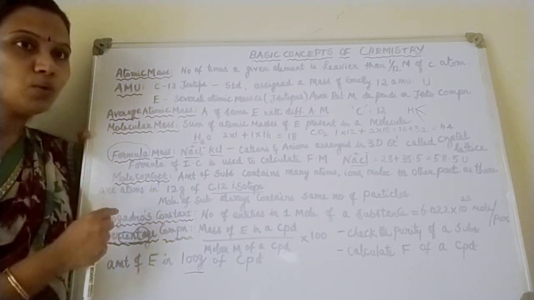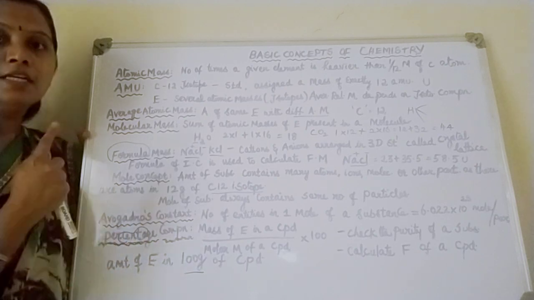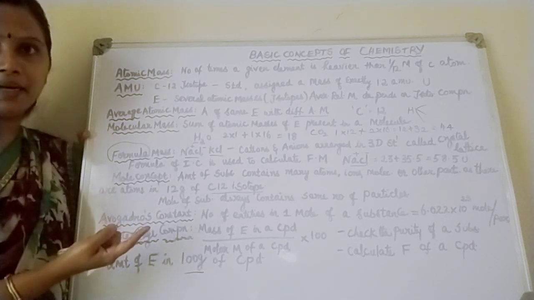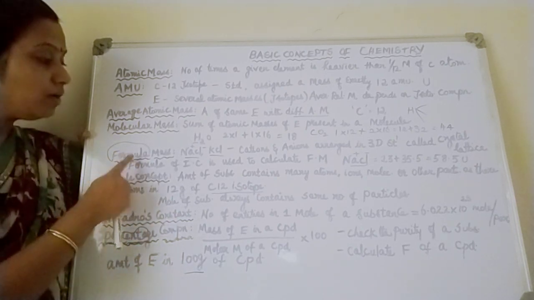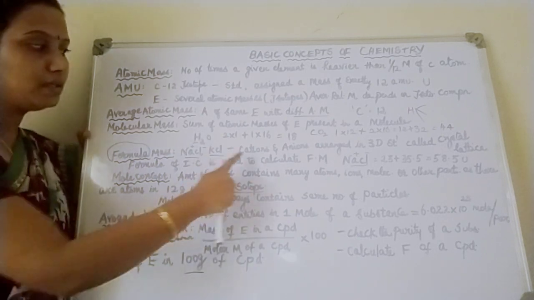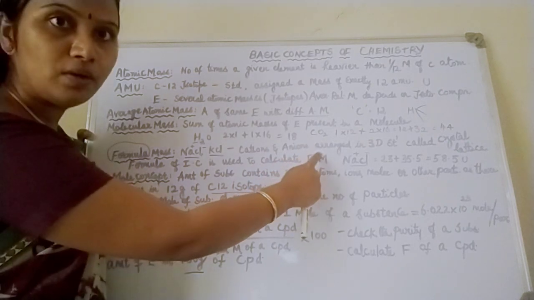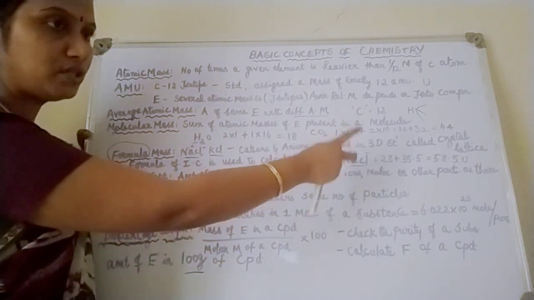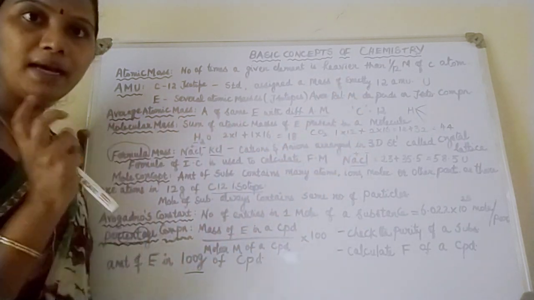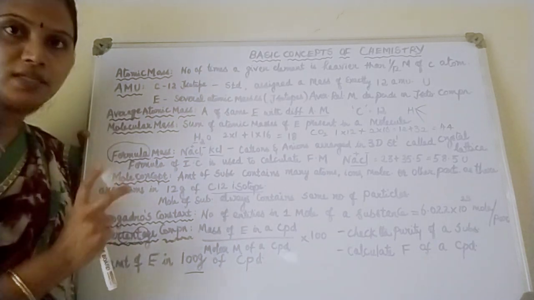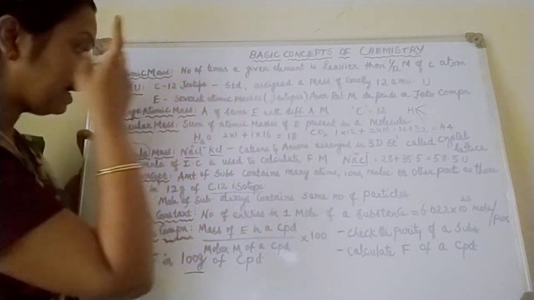Say for example Na+ and Cl-. Na+ is cation, Cl- is anion. Since your ionic compounds dissociate to give you cations and anions, these cations and anions are arranged in the 3D structure in a crystal lattice.